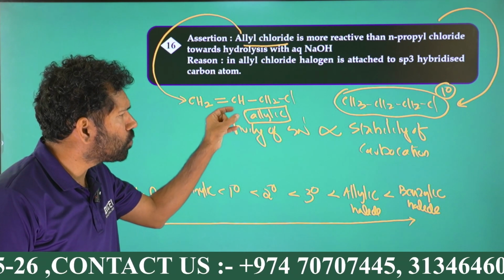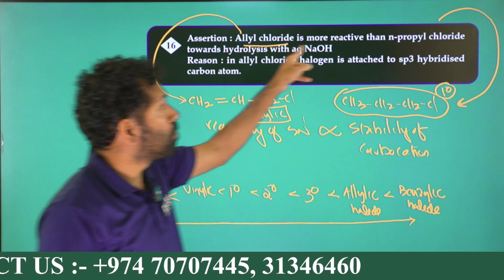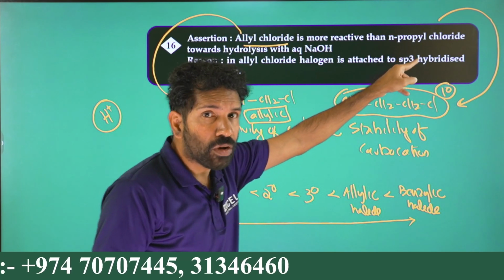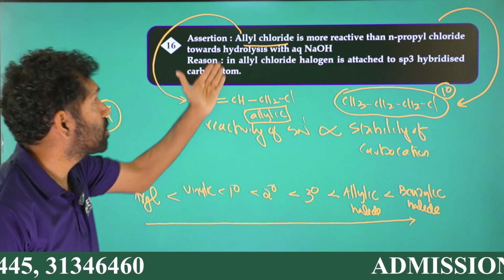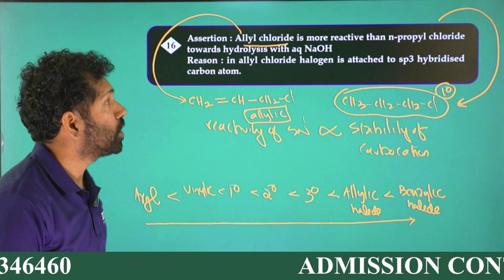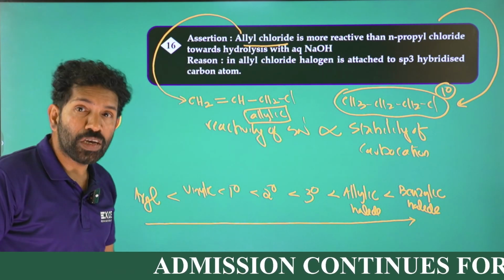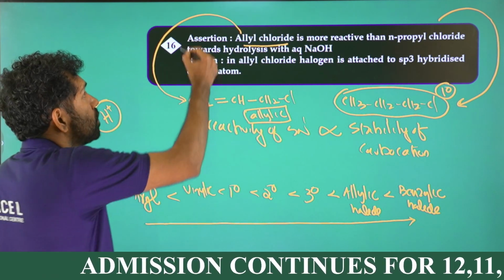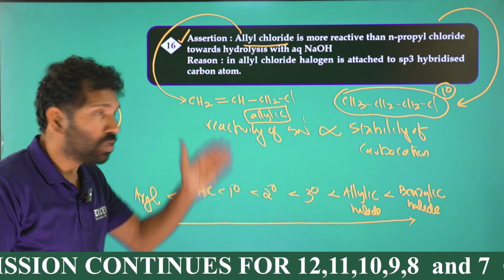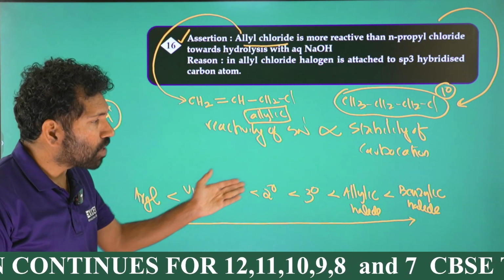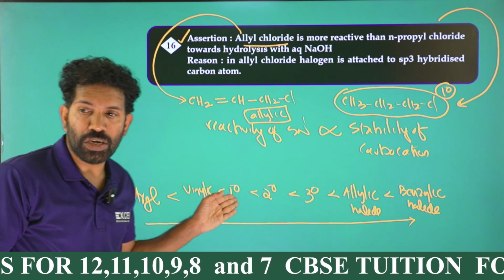So as per the rule, allyl chloride is more reactive than normal propyl chloride towards hydrolysis, meaning towards SN1. The assertion is correct, no doubt. The reason is that allylic carbocation is more stable than primary carbocation.